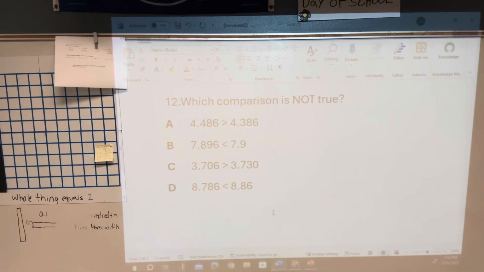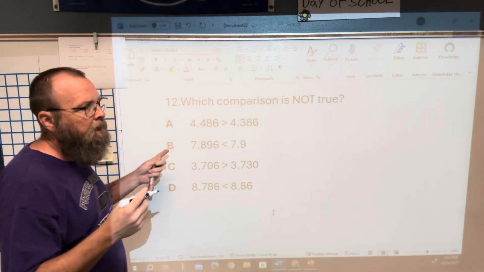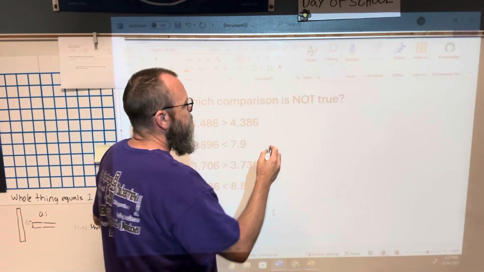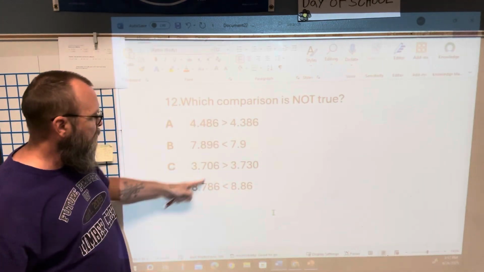All right, spot review 7, problem number 12. Which comparison is not true? Much like the previous problem that we did, we're going to write them down lining up the place values. So these all go out to the ones place.